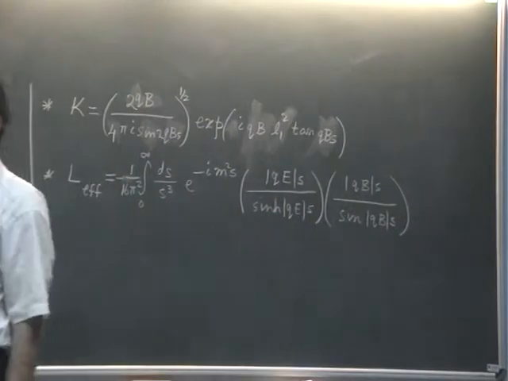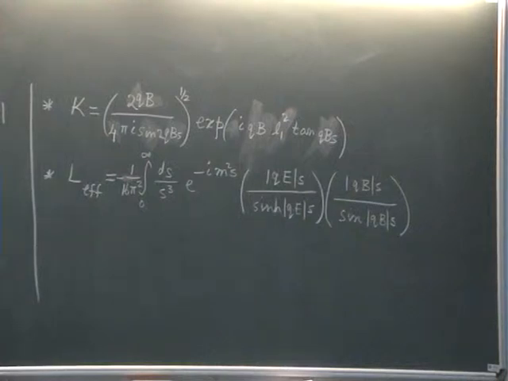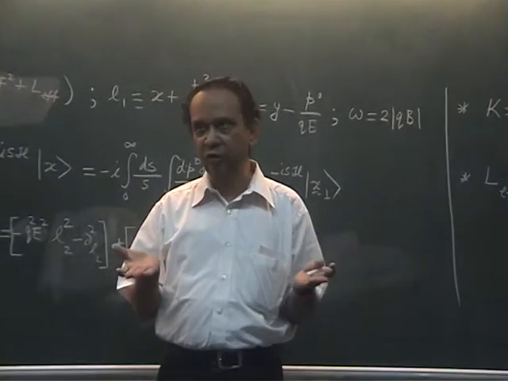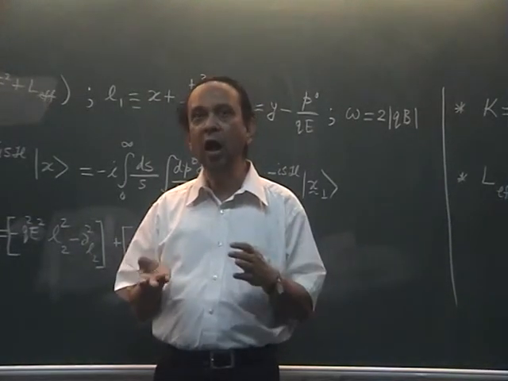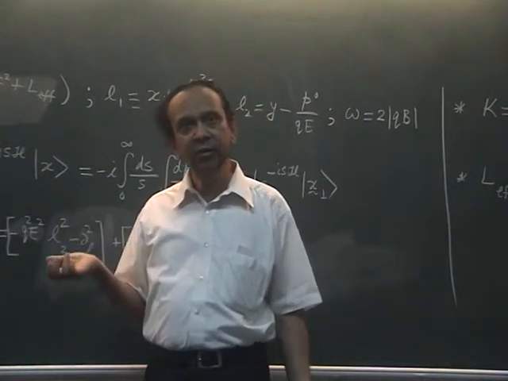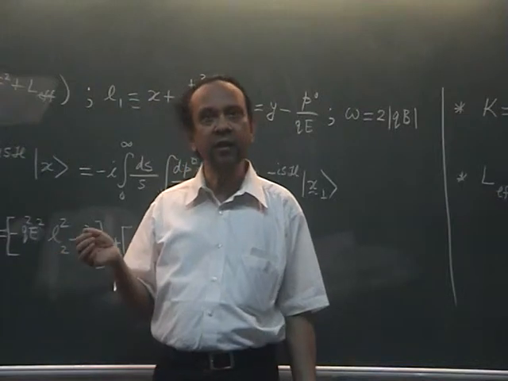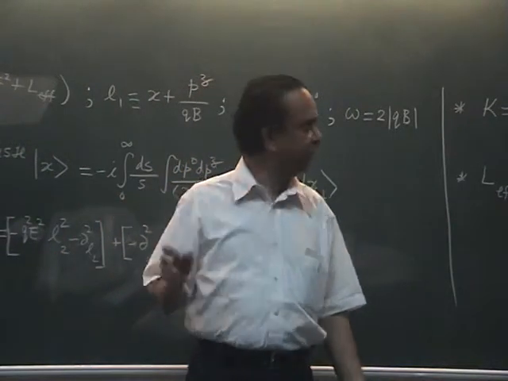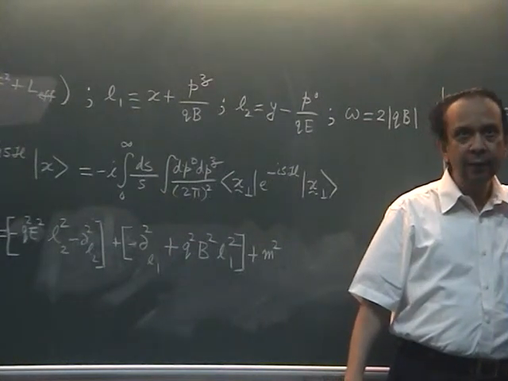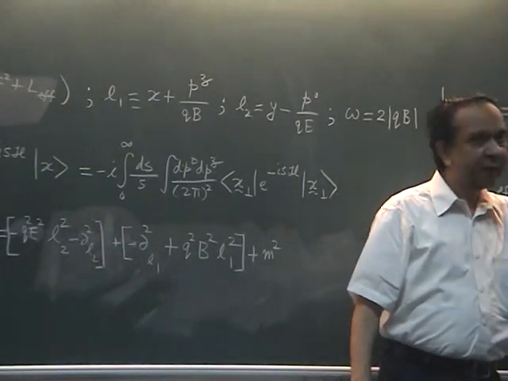Now, first of all, I want you to appreciate the result. What we have done is to do a path integral over a complex scalar field in the presence of a constant electromagnetic field, and you want to know how it affects the electromagnetic Lagrangian. What is the electromagnetic Lagrangian? It is half of E square minus B square. The correction to that is this, which depends on E and B in a very complicated manner.